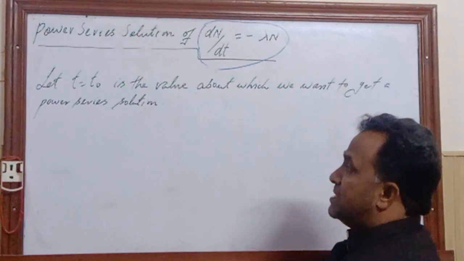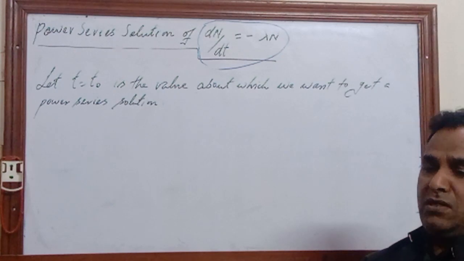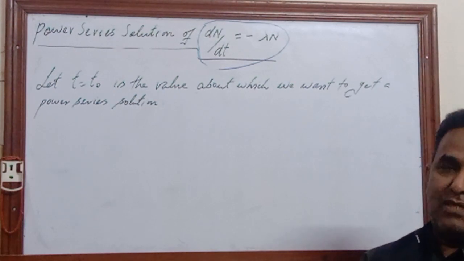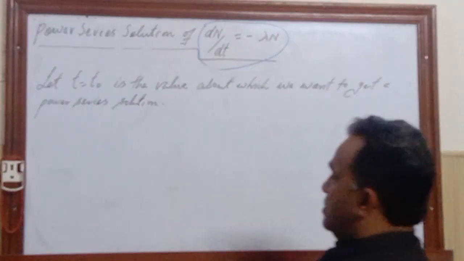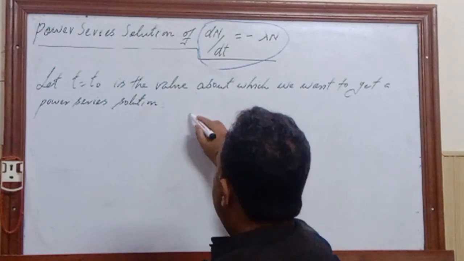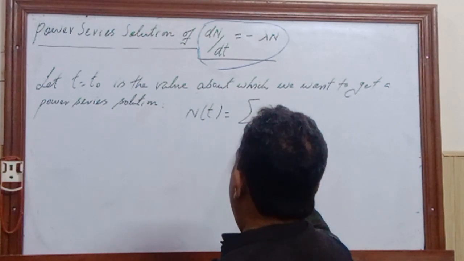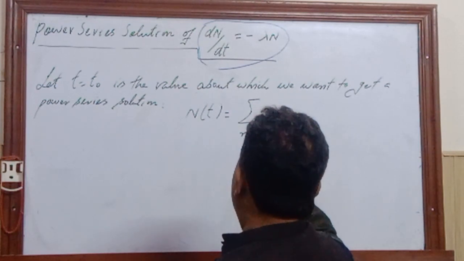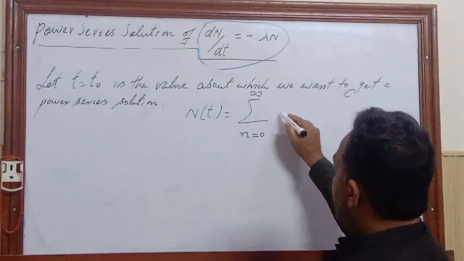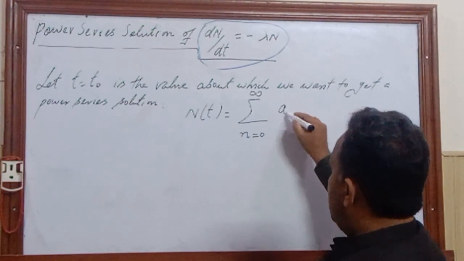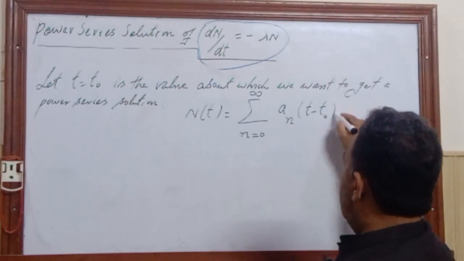In the case of time, we know that time can normally never be taken to be less than 0. So that's why in that case the power series can be written as N of t equals the summation, where the index variable small n goes from n is equal to 0 to infinity, of a n times t minus t naught to the power n.